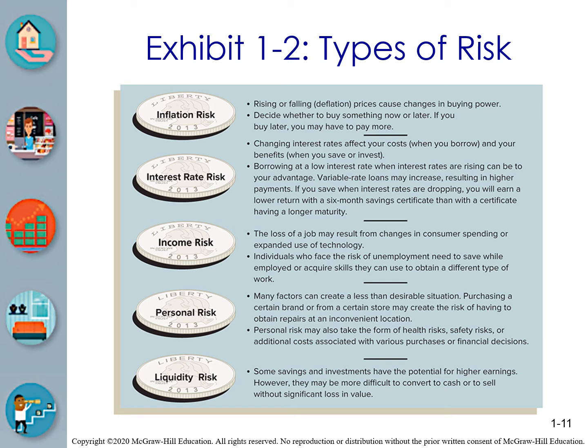Interest rate risk: borrowing or lending, rather, at a lower interest rate, depending upon which side of the table you're on. There's always a risk associated with those interest rates fluctuating, going up and down, because they always do. Income risk, personal risk, and lastly, the liquidity risk again.